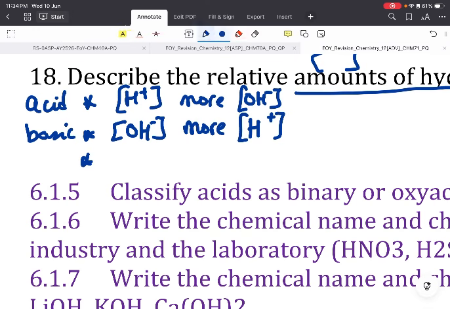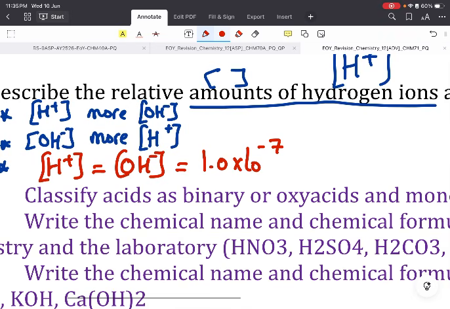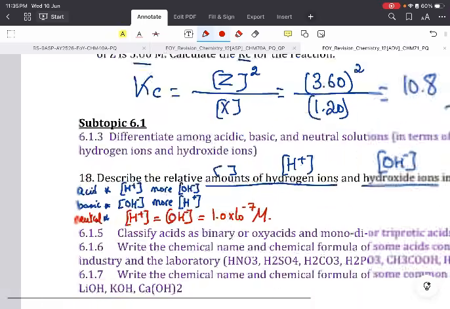Now only in neutral medium, H plus is going to be equal to OH minus, and specifically it's going to be equal to 1.0 times 10 to the power negative 7.